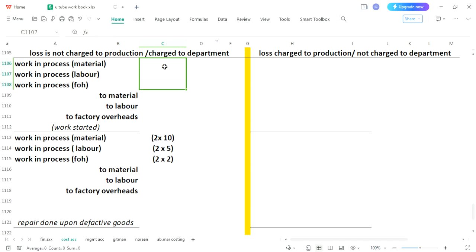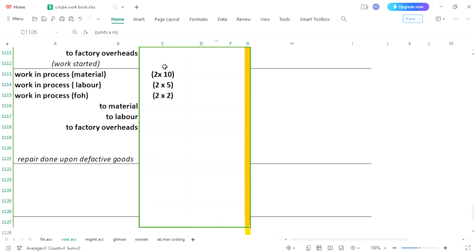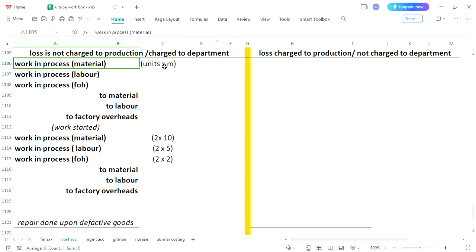Here what you will do is take the number of units and multiply it by small m. Small m means per unit cost of material. Next, you will see your labor, and for that you will multiply units by small l, per unit cost of labor.